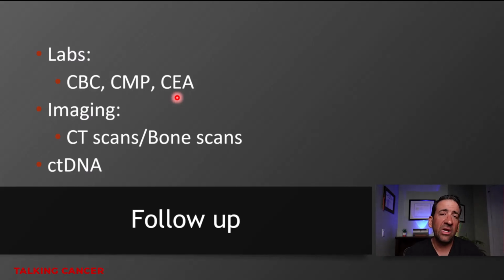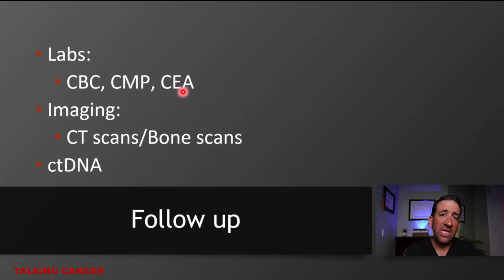Unfortunately, about 30% of colon cancers do not produce a CEA, and it's a simple blood test. And I have a video on my channel on tumor markers if you want to learn a little more about them. But we will perform these lab tests during chemotherapy, during treatment, during follow-up, just to see how you're doing, whether your liver and your kidneys are tolerating chemo, etc. The CEA, obviously, if your cancer produces CEA, because your CEA originally was high, we can follow it.